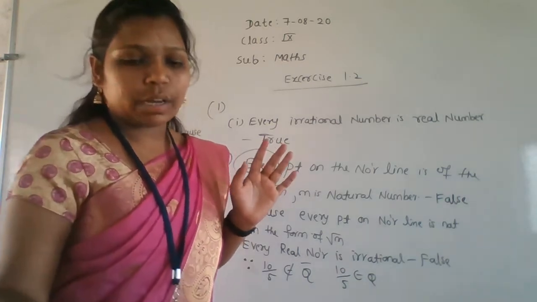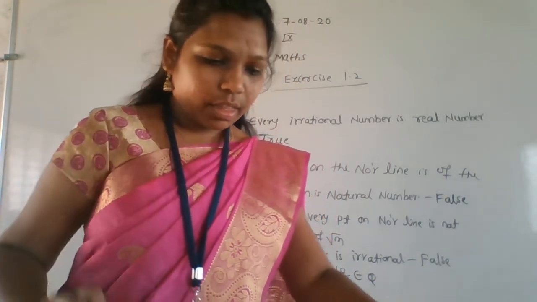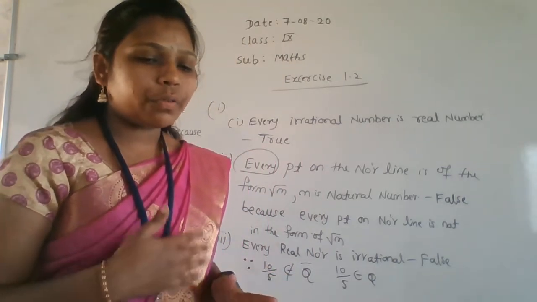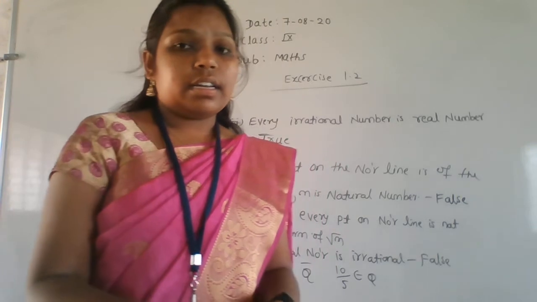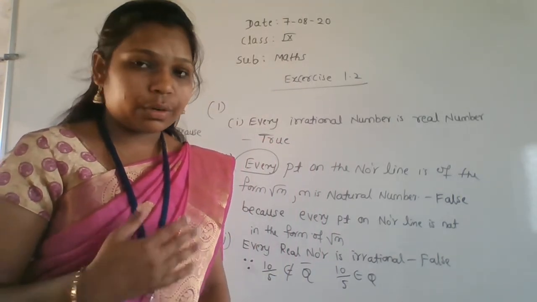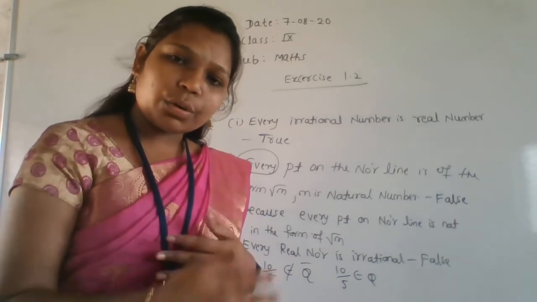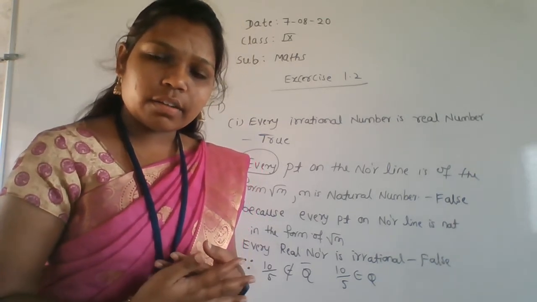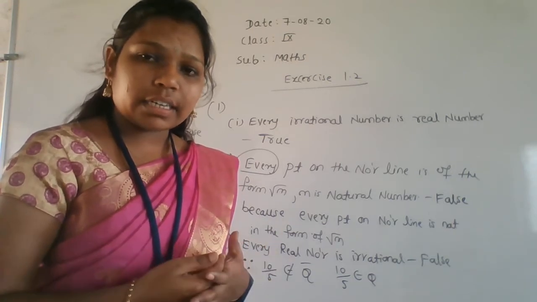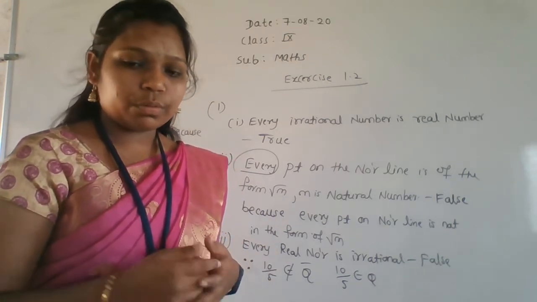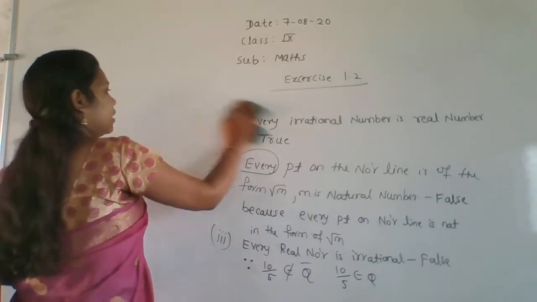Getting everyone? Okay. So we'll move to the next question: are the square roots of all positive integers irrational? I told root 3 and root 2 are irrational numbers. Whether all the root values are irrational numbers? No. I'll give the reason here.